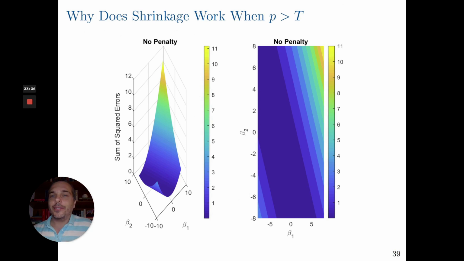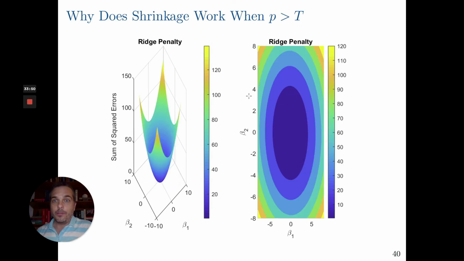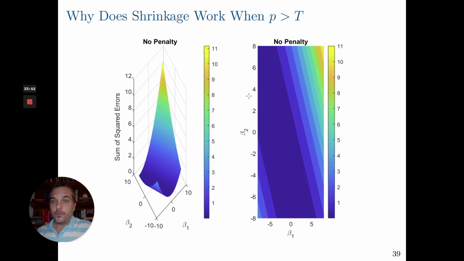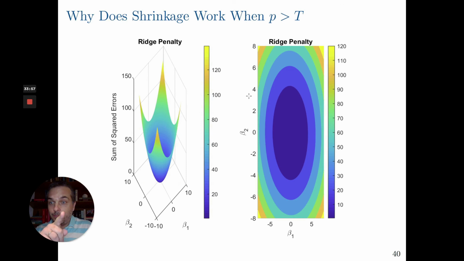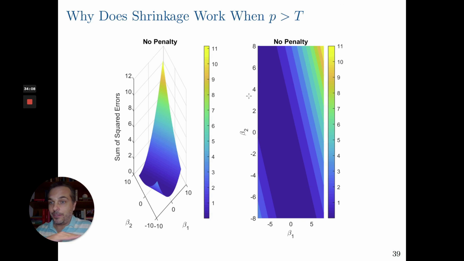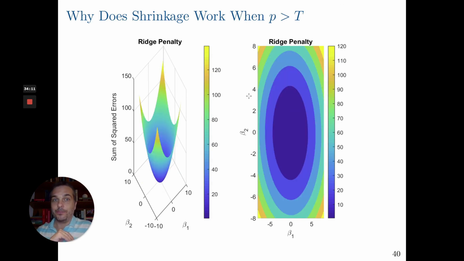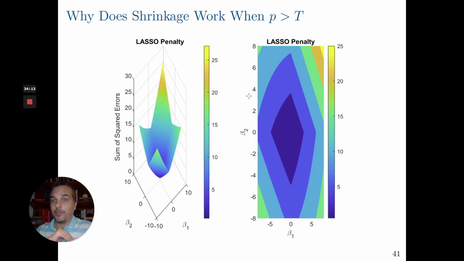So how do these things introduce curvature when P is less than T? So remember the surfaces when P is less than T and no penalty, right? Now ridge penalty. You move from this surface to that one. A lot of curvature, right? So you solve the problem. You introduce curvature in an almost flat function. That's the lasso penalty.